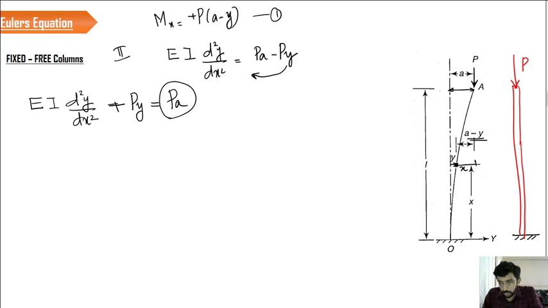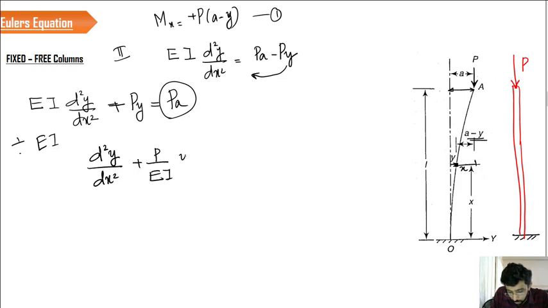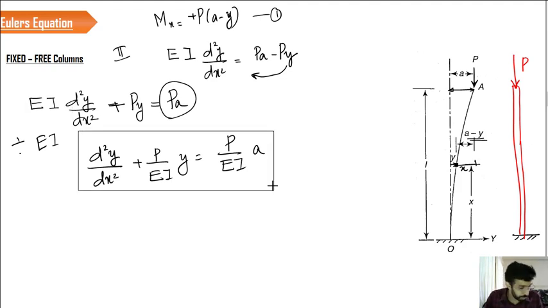But in the case of a fixed free condition, an additional term Pa has come into the picture. Now we will divide by EI, which leaves the differential equation d square y by dx square plus P by EI into y is equal to P by EI into a. This is the general expression that we have arrived at.